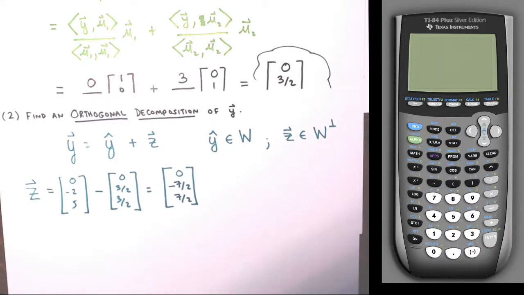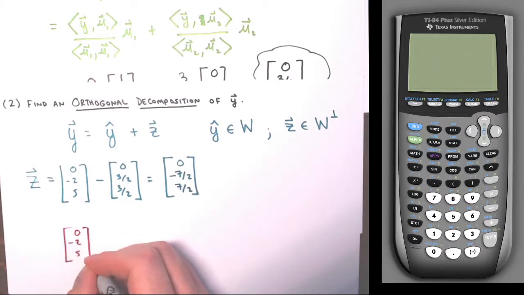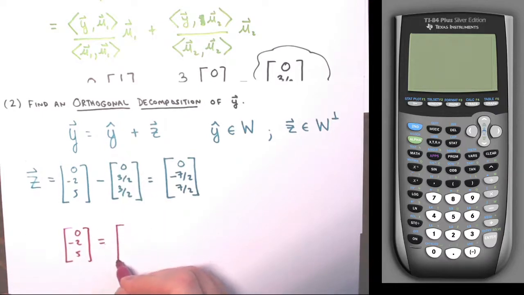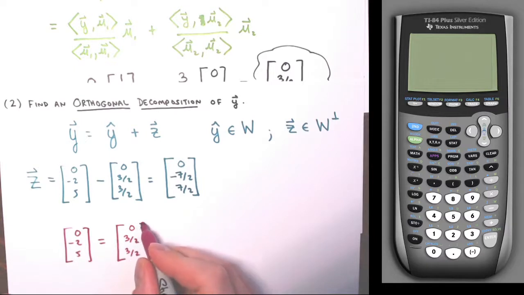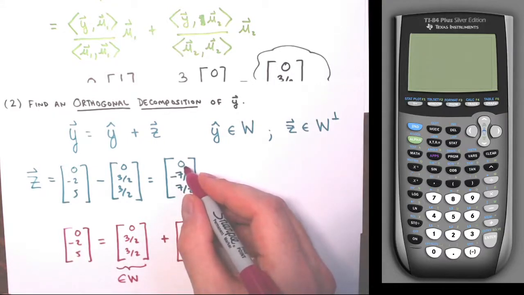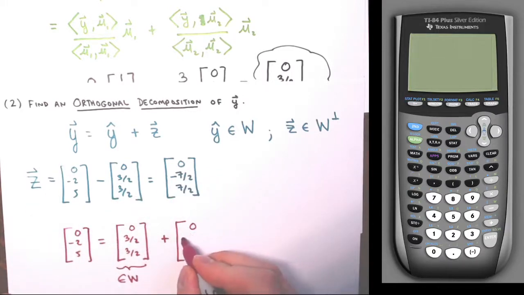So we have our vector y, 0, negative 2, 5, is our projection vector y hat, that was 0, 3 halves, 3 halves, a vector from W, plus the vector from the orthogonal complement of W, this z, which is 0, negative 7 halves, 7 halves.